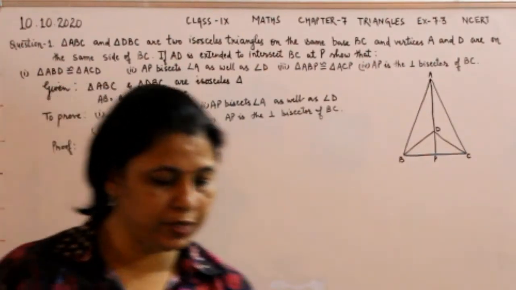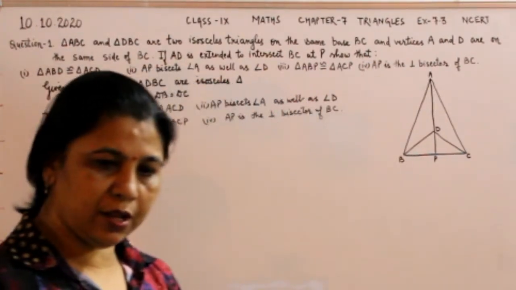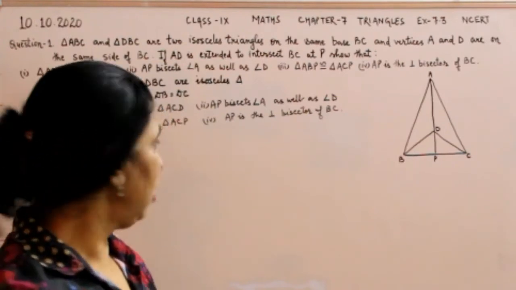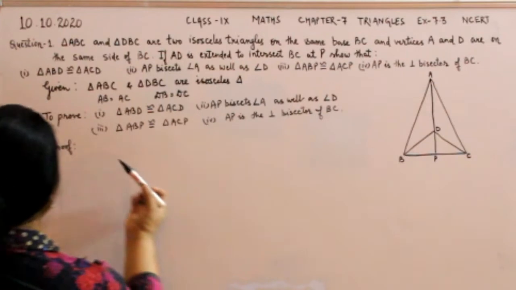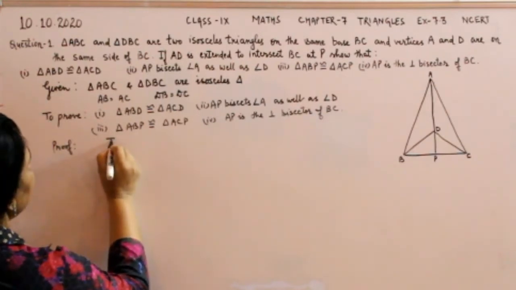Coming to the first, we will start with the first one, that triangle ABD is congruent to triangle ACD. Now we will take these two triangles.